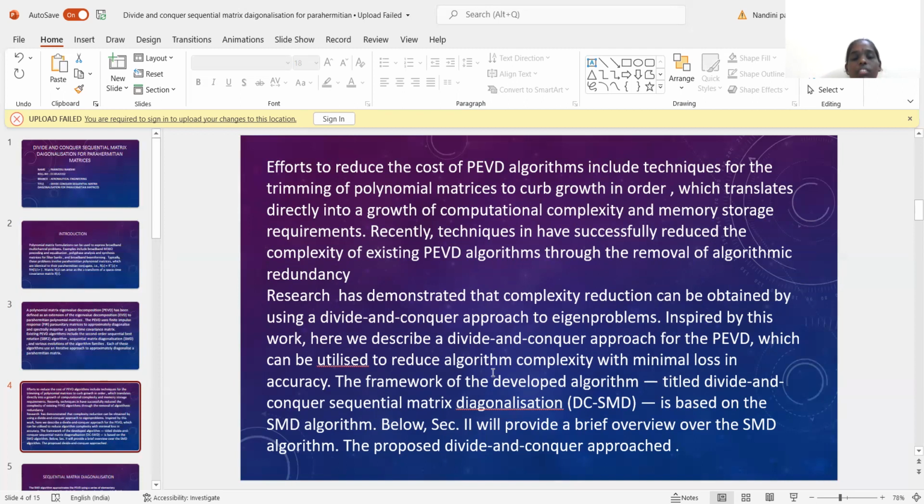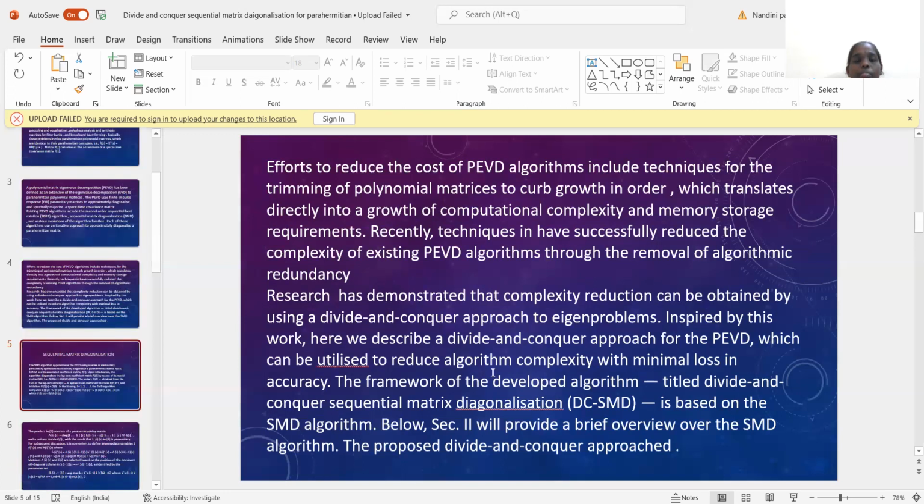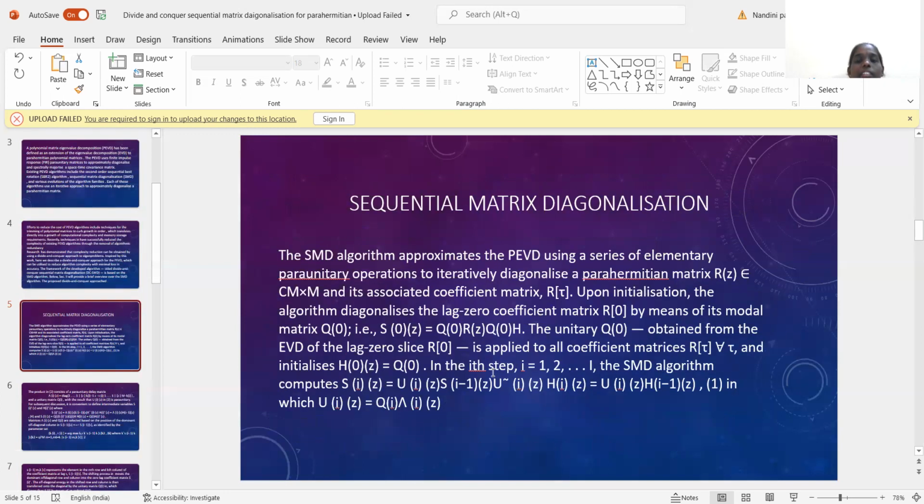In the sections below, I will provide a brief overview of the SMD algorithm and the proposed divide and conquer approach to sequential matrix diagonalization.